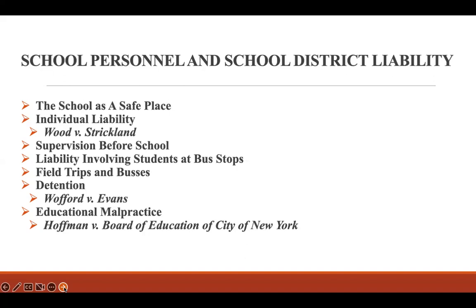The idea of educational malpractice is one final thing that we want to mention, and that's a threat to educators in the past couple decades, where parents have brought legal challenges on behalf of their children, alleging that they were unable or unwilling to provide competent instruction, which actually academically injured the child. Academic injury is based on the view that the children do not receive the full benefits of education.